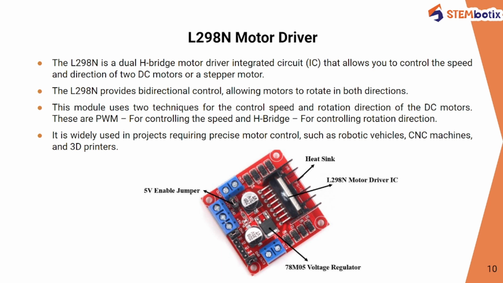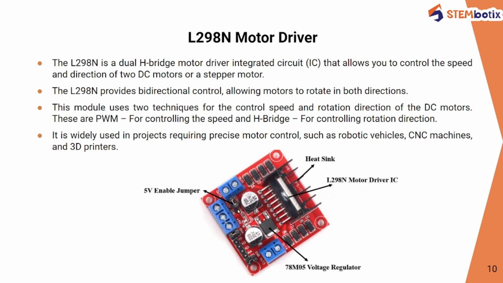The chip has a supply range of 5 volts to 35 volts, means this motor driver can operate from 5 volts to 35 volts and is capable of 2 amperes continuous current per channel. So it works very well with most DC motors.